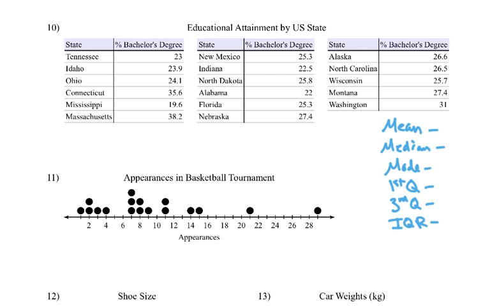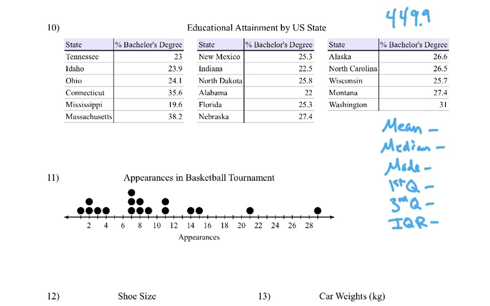Okay, so to find the mean, we just, basically grab a calculator, add them all up, and then divide by how many there are. So when I add them all up, I get 449.9.